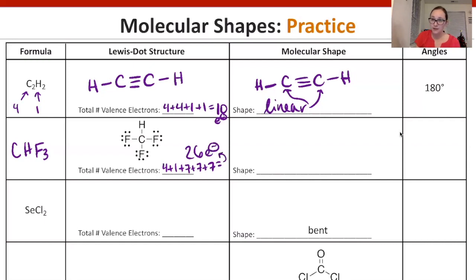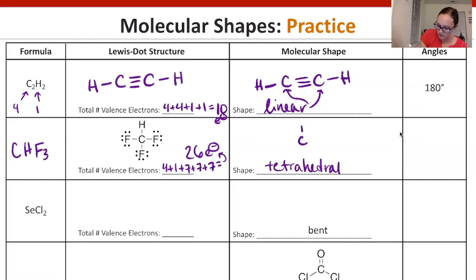Okay, now we need to draw it in the correct shape. We have our Lewis dot structure here. Now we need the molecular shape. We have one central atom with 4 atom groups around it, so we're going to need a tetrahedral shape. To draw that, I'm going to leave my lone pairs out of this one.